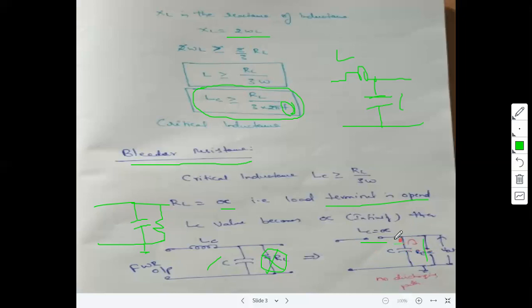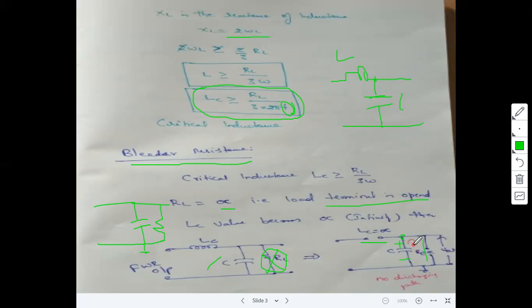Suppose someone touches the capacitor terminals, the open circuited load terminals, he may experience some shock. Why? Because the capacitor voltage already exists; the capacitor is not discharged. That is the problem here.